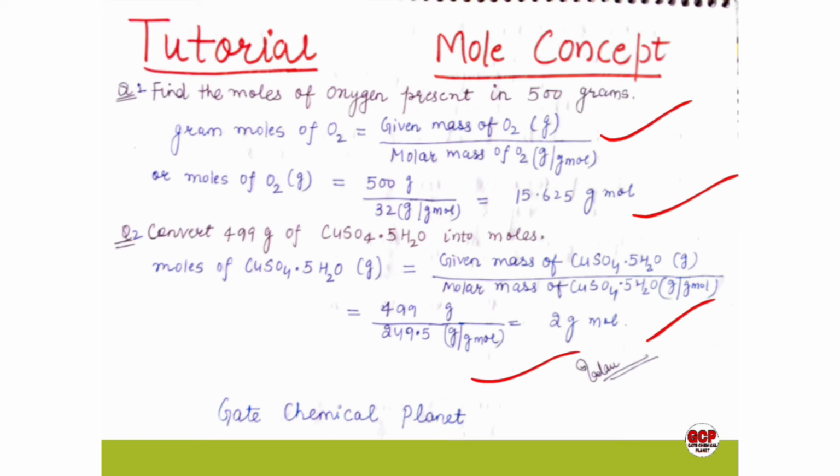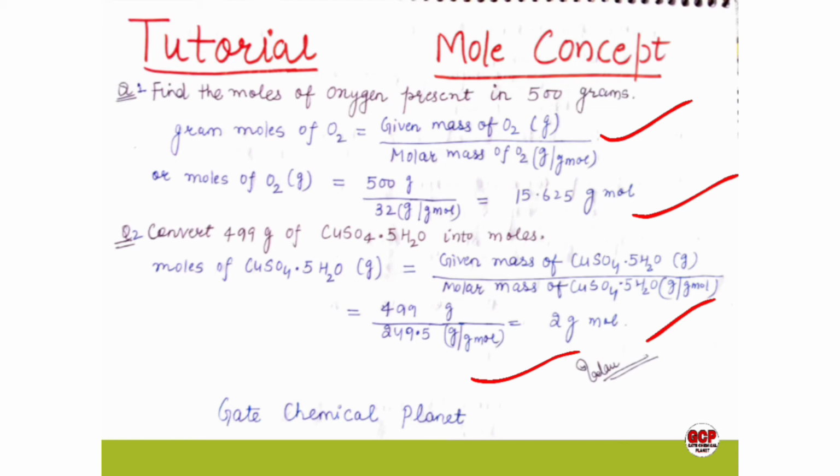The mass of the crystal is given in grams, and we know the molar mass of CuSO4 5H2O is 249.5 gram per gram mole. So we get the answer 2 gram mole. Now we have converted into 2 gram mole. This is the final answer.